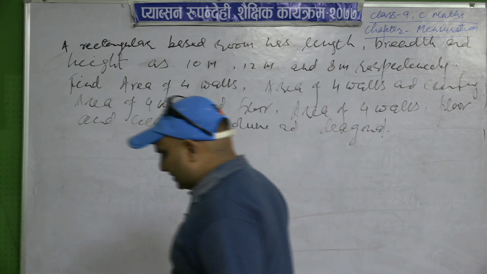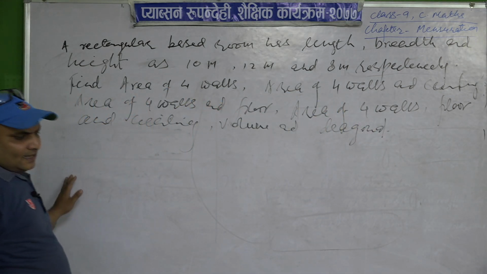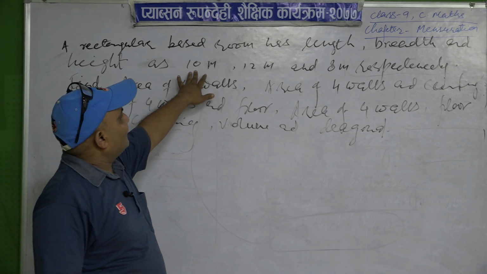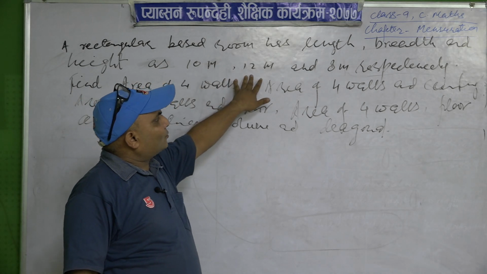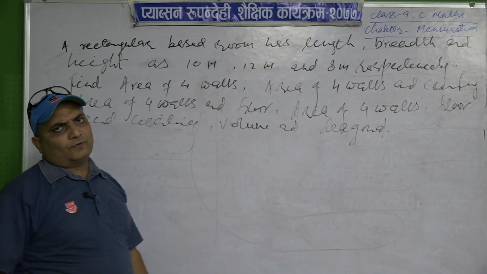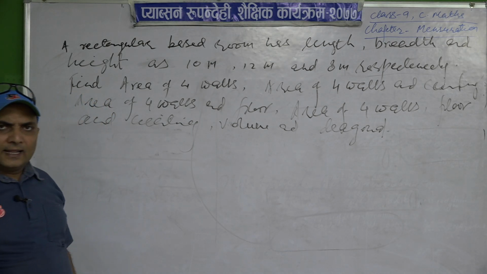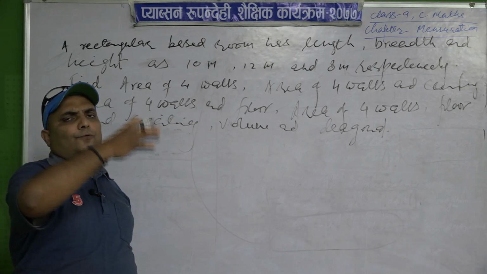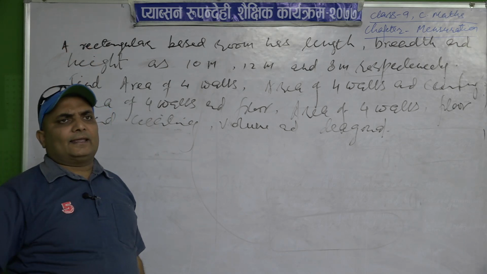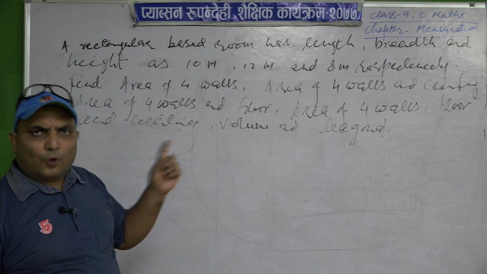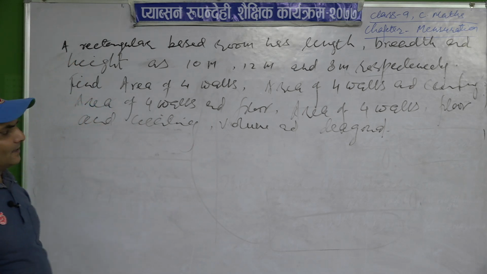Suppose this is a question, simple question. This is a rectangular based room has its length as 10 meter, breadth as 12 meter and height as 8 meter. Now we have to find out first area of 4 walls, then area of 4 walls and floor, then area of 4 walls and ceiling, and then area of 4 walls, floor and ceiling, and then volume as well as diagonal also.